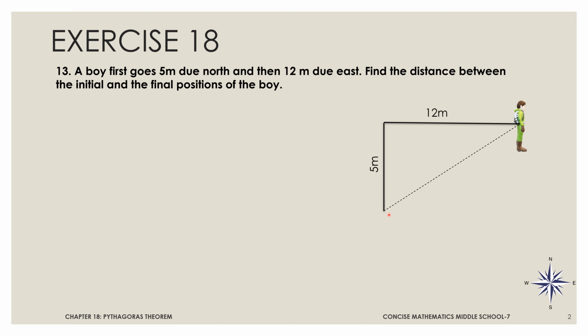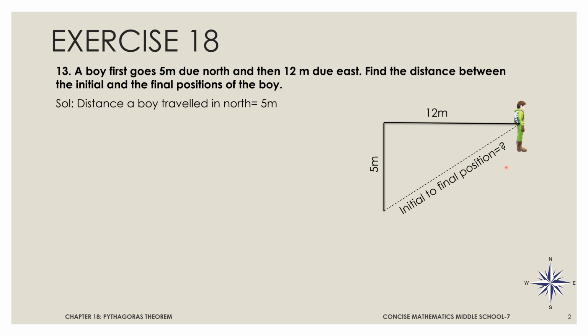This is the distance between the initial point, that is starting point, and the final position, final point, right? So we need to find this part, initial to final position.